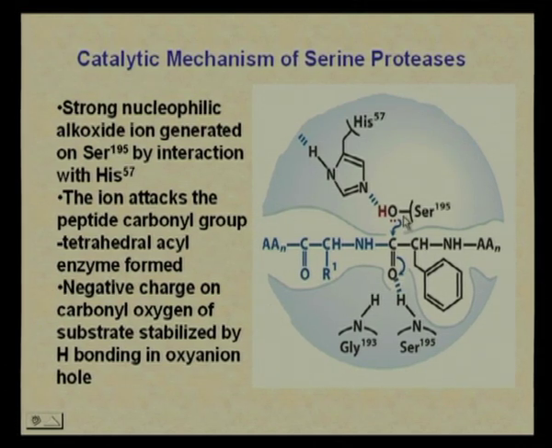Okay. So, now there is a direct covalent link between the polypeptide chain through serine 195 to the carboxylic group of the peptide bond that is going to be cleaved.